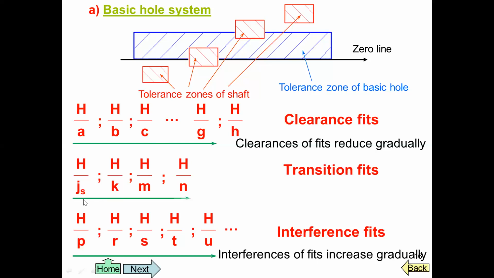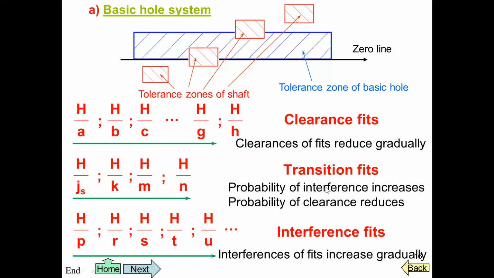If you make an arrow like this, you can see the probability of interference increases and the probability of clearance reduces as you go from the left to the right.